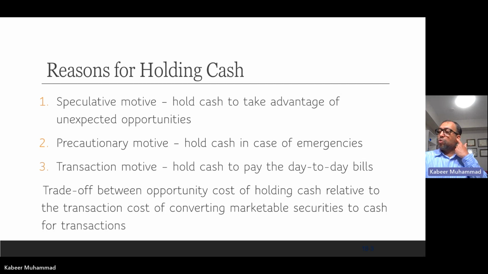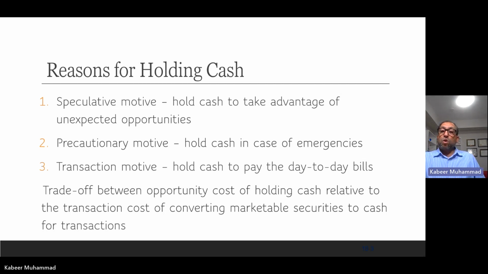If you like something and you want to buy it, but you don't have money with you, you cannot do that transaction. So it's important that every one of us holds some money in order to take advantage of unexpected opportunities. That's what we call the speculative motive.